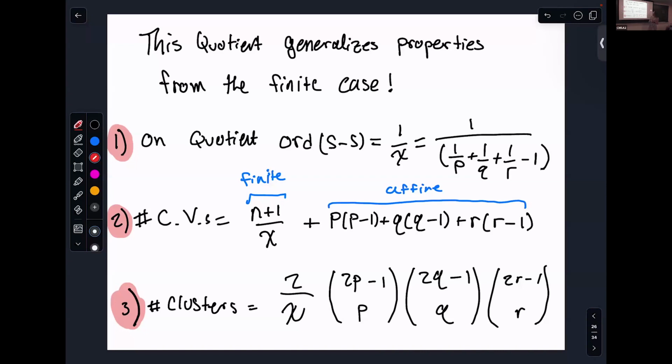One computes the number of finite cluster variables, which has a similar form where there's n plus 1, that's the rank of the affine cluster algebra, cluster variables in each cluster, and then I do 1 over chi sources and sinks mutation paths, and that finds them all. And then there's a bunch of affine cluster variables that can be found just by finding where all the TPQR quivers are.